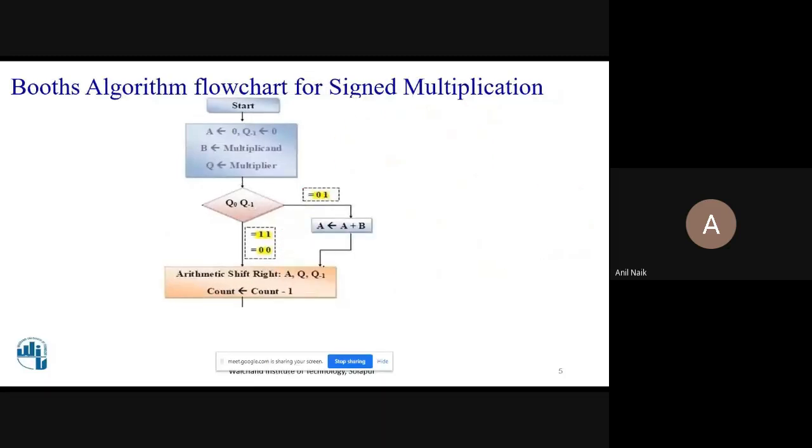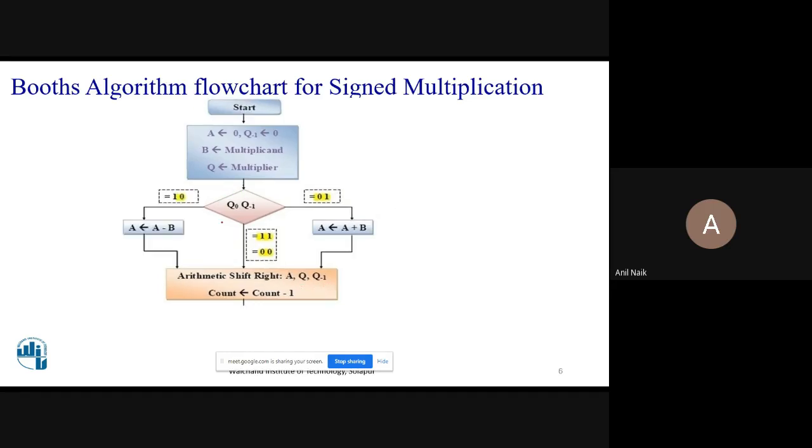Then suppose the condition is 0 1, Q naught value is 0 and Q minus 1 is 1. Then what to do? You have to perform an A plus B operation, meaning you add the content of the accumulator and the content of the multiplicand and store it in the accumulator register. After that you perform the same arithmetic shift.